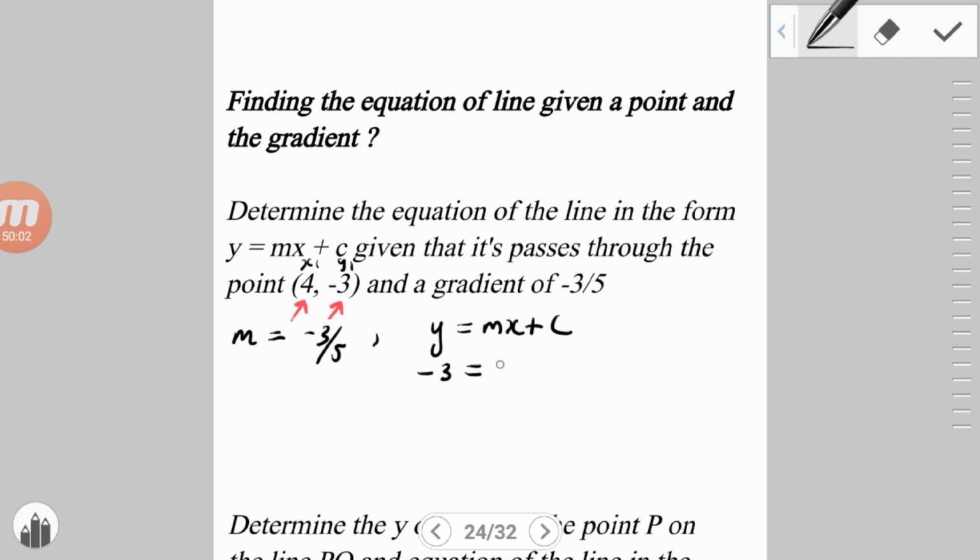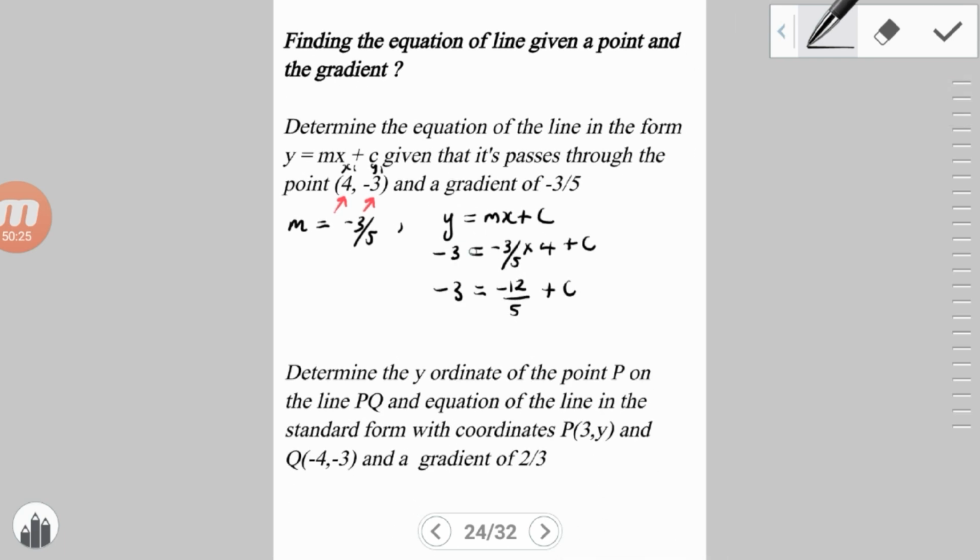M works out to be negative 3/5 times x is 4 plus c. Let's work it out, guys. So that's minus 3 is equal to, nothing here to cancel, so this is minus 12 over 5 plus c.